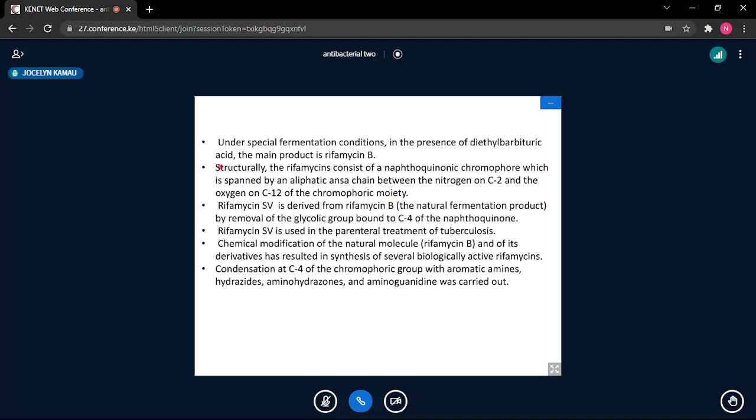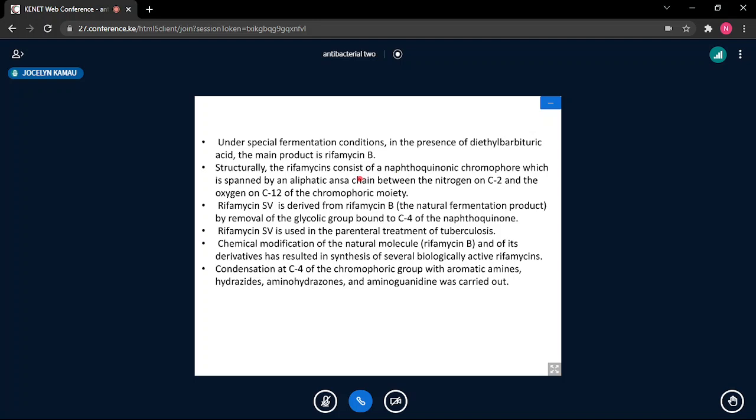This, we have said, under special fermentation conditions, that is where we are putting diethyl barbituric acid, the main product you get is rifamycin B, which we are still considering to be a product of the fermentation. Structure: the rifamycin consists of the naphthoquinone, or naphthoquinonic chromophore. In other words, this area must be left intact.